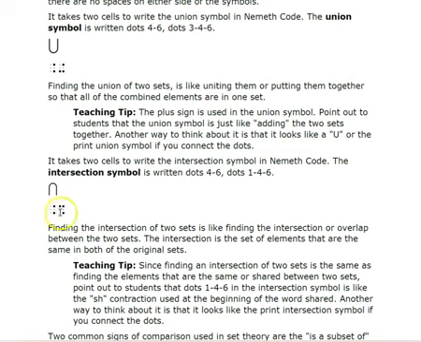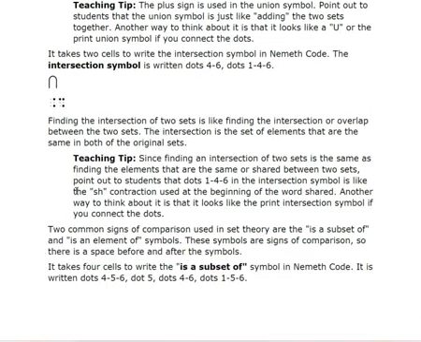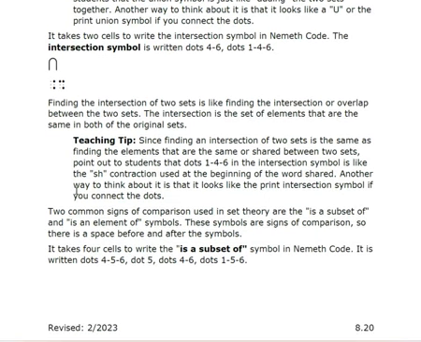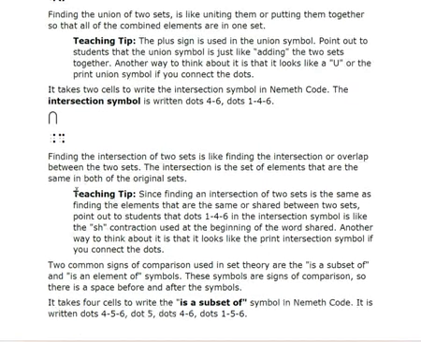The intersection symbol is an upside down U in print. It's a dots 4-6 then the SH sign. Or it looks like a cup, really, turned upside down. The opening is on the bottom. There's a teaching tip to think about.